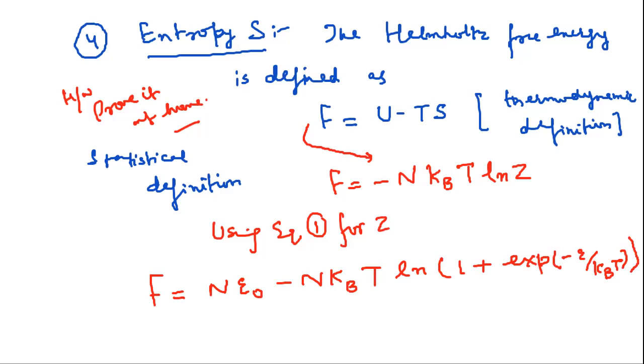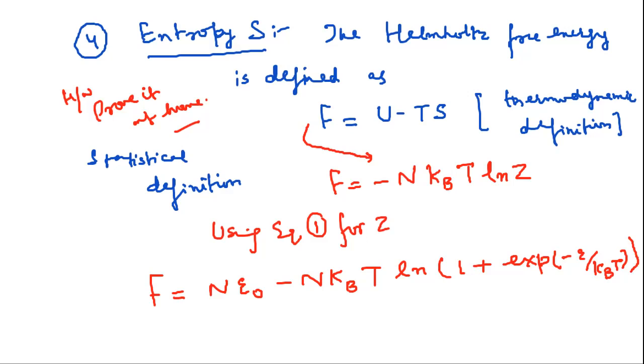Let me check it. N epsilon naught minus n kbt ln of 1 plus exponential of minus epsilon by kbt.